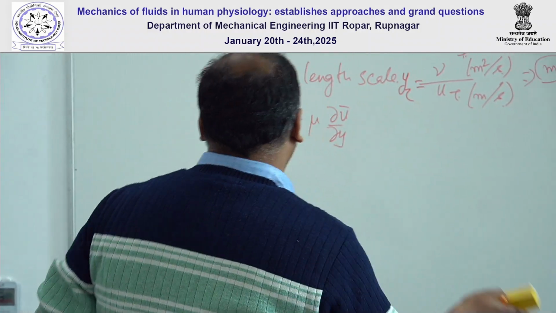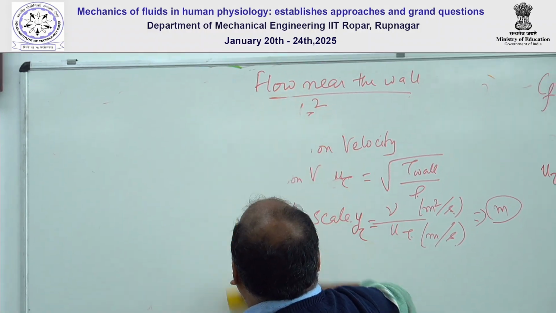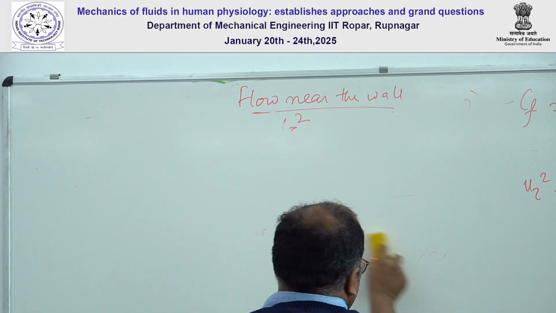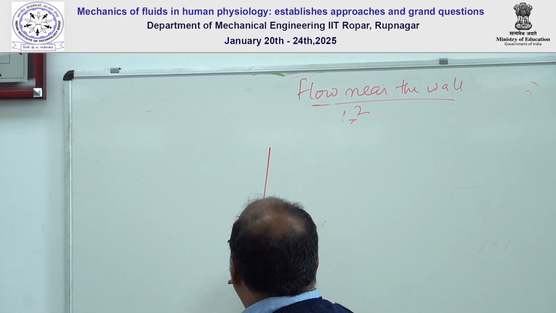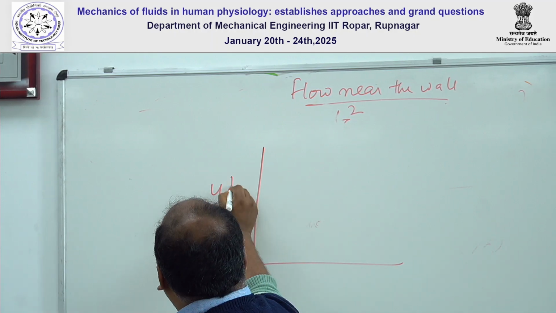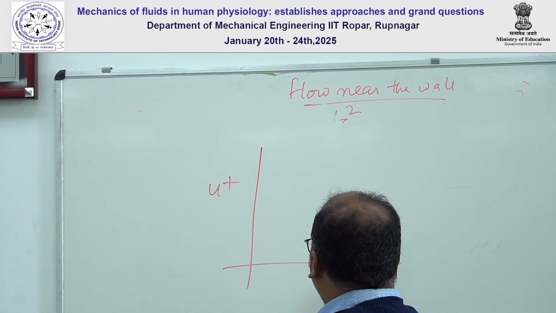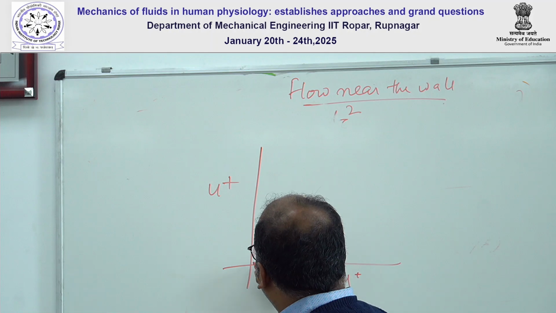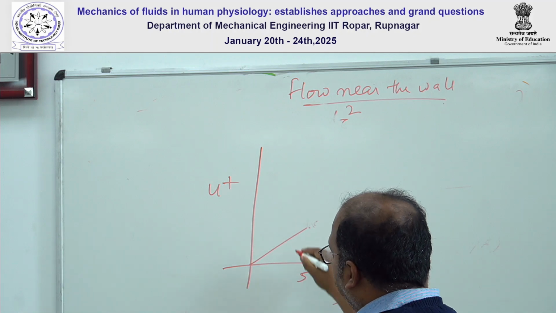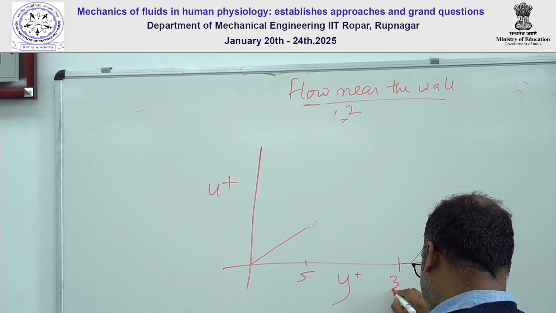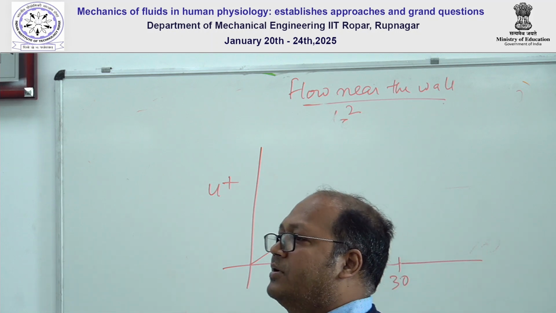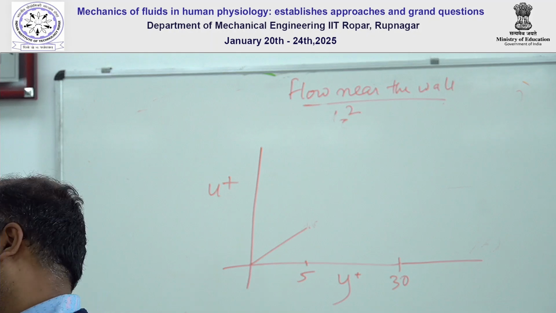So let me just draw the graph little by little here. u plus versus y plus. This is 5. So 0 to 5 is u plus equal to y plus. Then 5 to 30 there is no proper algebraic form as such.